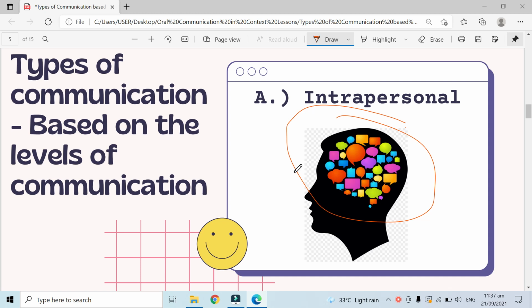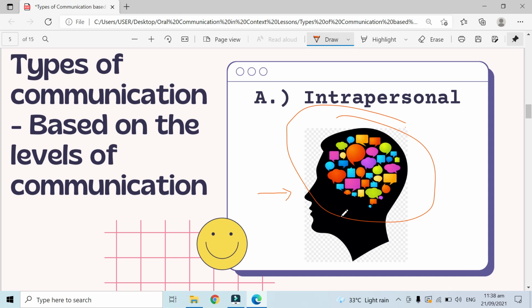Meaning, no words or no conversation between a person and another. This type of conversation is only for an individual. So this person is talking to himself.